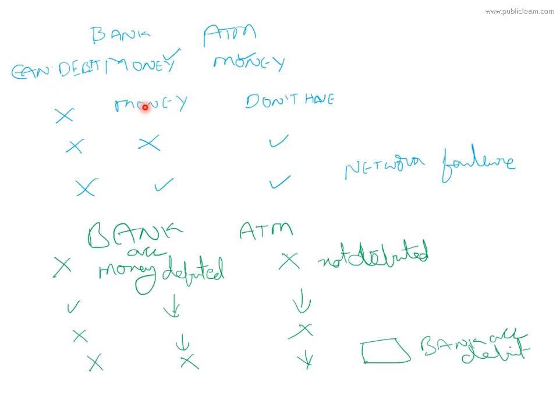If you have money in your account but the ATM center has none, you cannot debit. Transaction not completed. If you don't have money in your bank account but the ATM has money, again you cannot. Suppose you have money in your account and in the ATM, but there is a network failure, again you cannot.